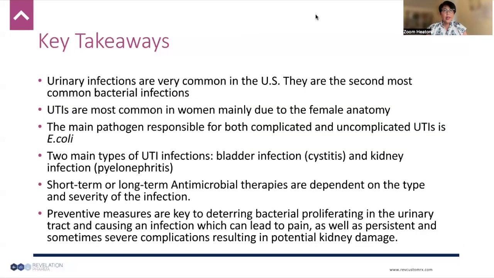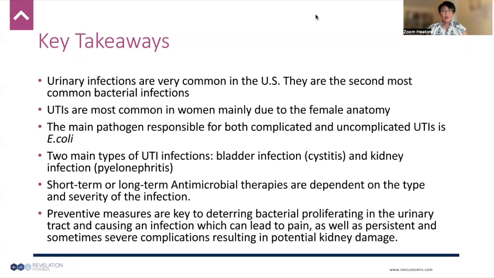So here are your key takeaways. Urinary infections are very common in the US. They're the second most common bacterial infections. UTIs are most common in women, mainly due to the female anatomy. The main pathogen responsible for both complicated and uncomplicated UTIs is E. coli. 2 main types of UTI infections: bladder infection or cystitis and kidney infection, pyelonephritis.